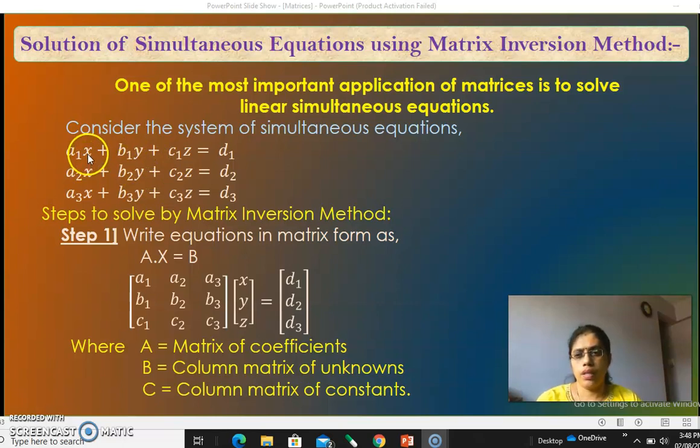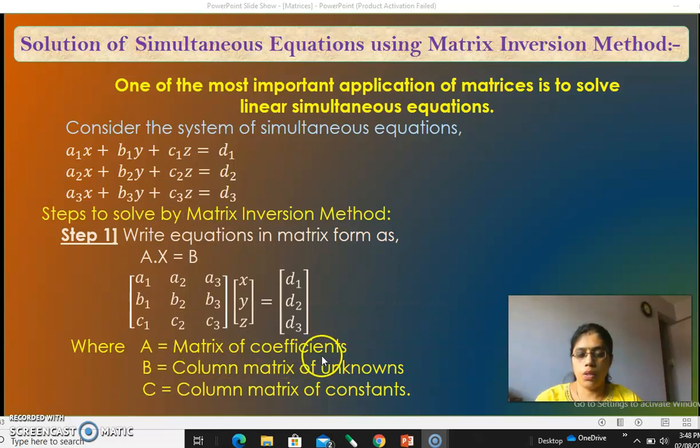So you just have to arrange them in alphabetical order: x term first, then y term, then z term. Collect similar alphabets in each and every equation, and collect the constants on the RHS. Constants mean those which are free from alphabets. D1, D2 and D3 are the single constants.